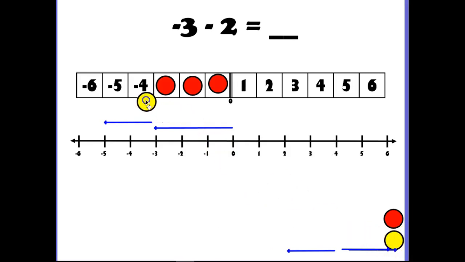I need to add 0 pairs. Here's 1 0 pair. Here is 2 0 pairs. Those are my 2 0 pairs that I just added. So now I'm able to take away 2 positives. And that leaves me with negative 5.